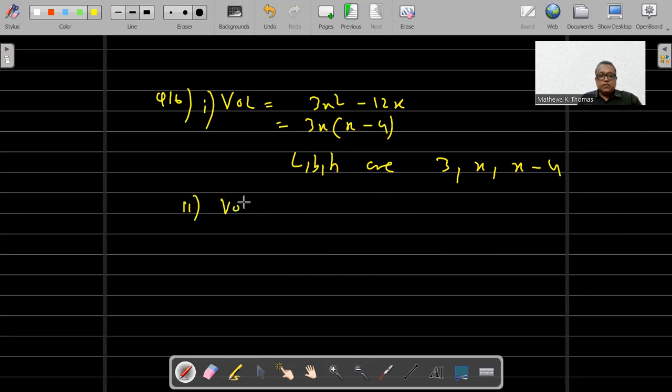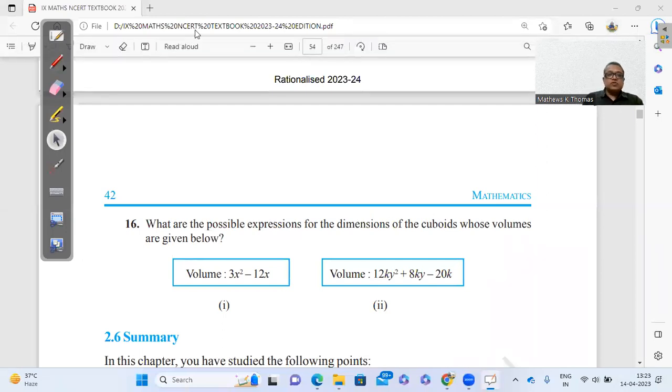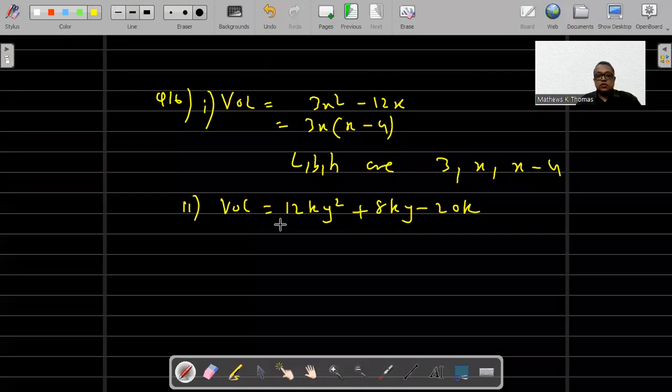Second one, we have volume as 12ky square plus 8ky minus 20k, right? This was the question. So here now what is common? 4k is common.